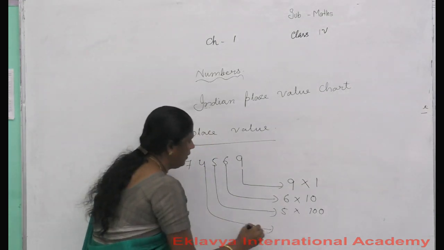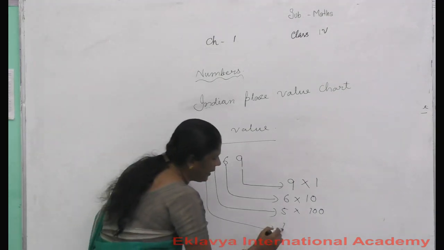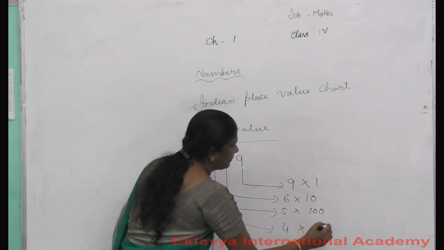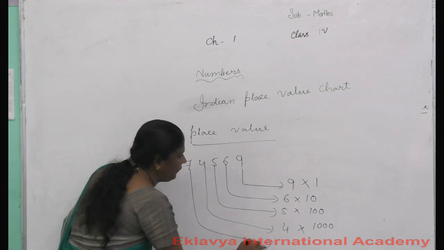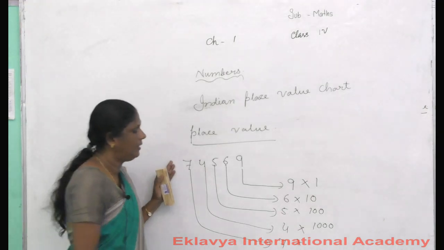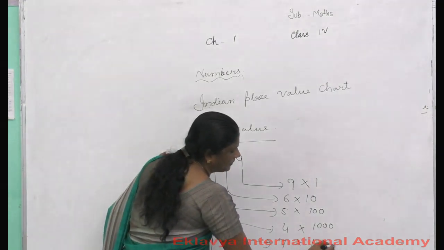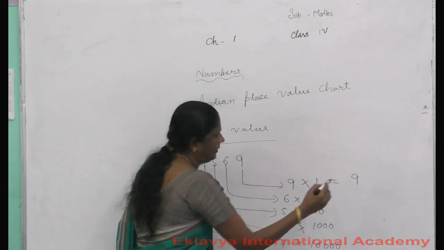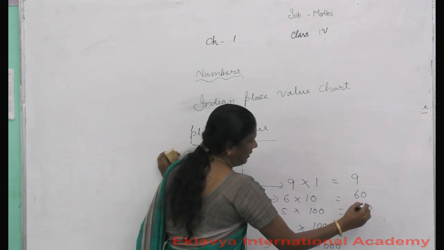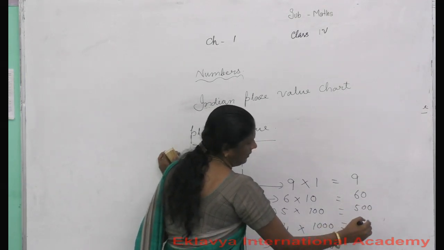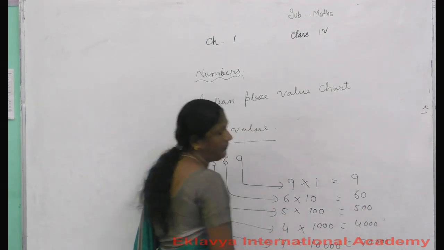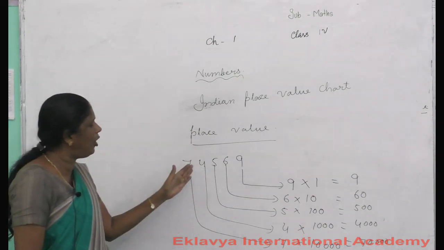Then 4, face value 4, multiplied by 1000. Then 7, face value 7, multiplied by 10,000. Then we write 9, then 60, then 500, then 4,000, then 70,000. Understand? Each place value of each digit.